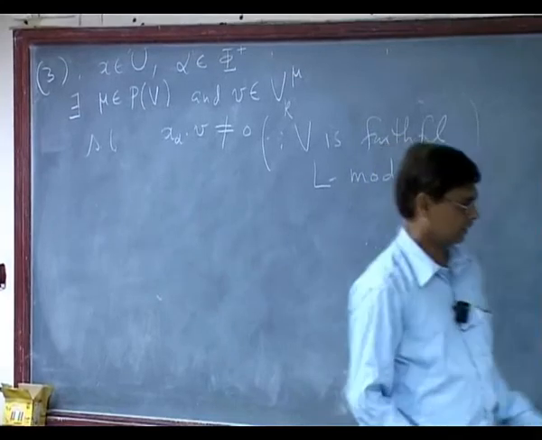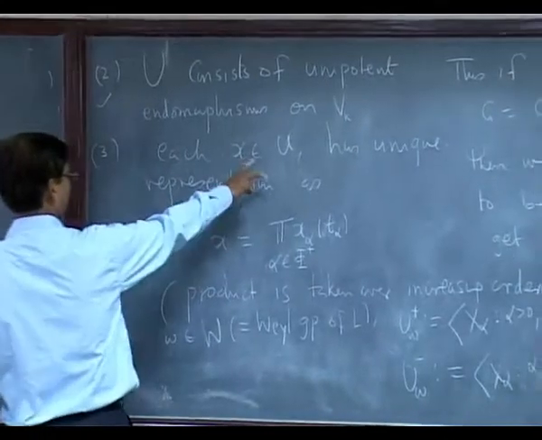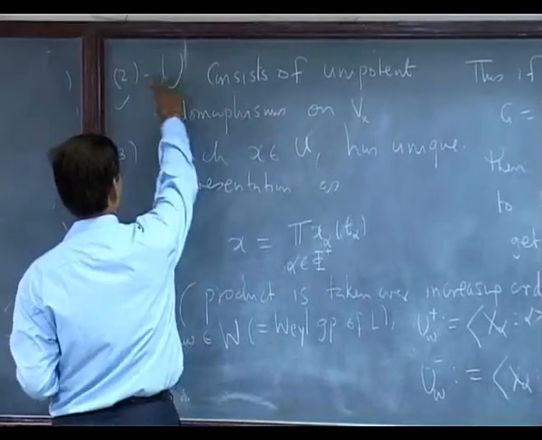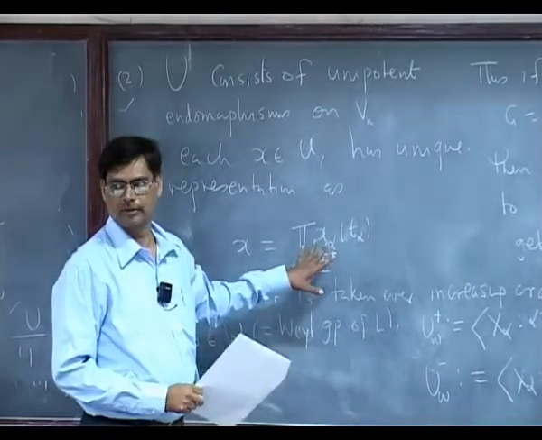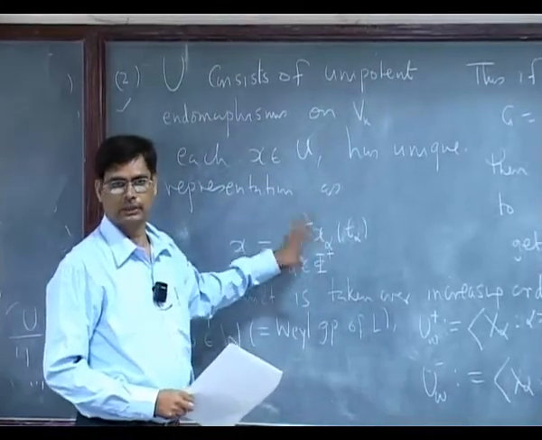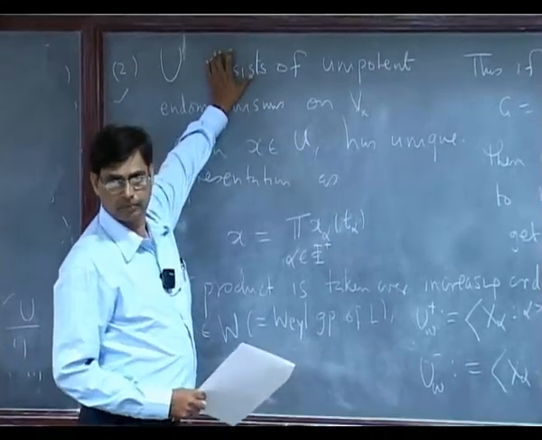Every element of U that you take will certainly be a product like this, not in this order, but in whatever order, because it is generated by root subgroups.